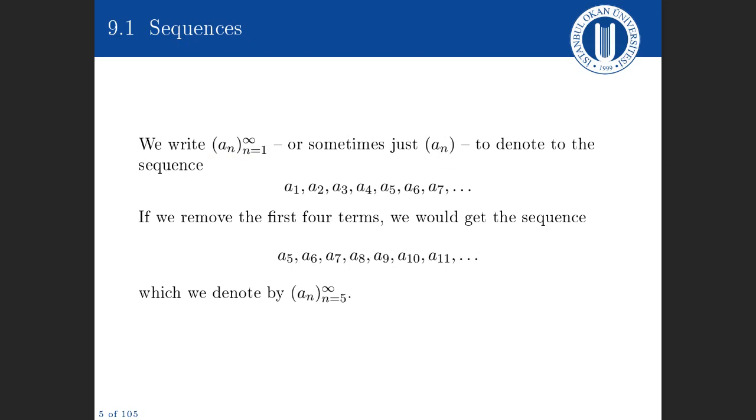Let's say we want to remove the first 4 terms and we want to start with A5, A6, A7, A8, etc. We could write this as open bracket, an, close bracket, from n equals 5 up to infinity.